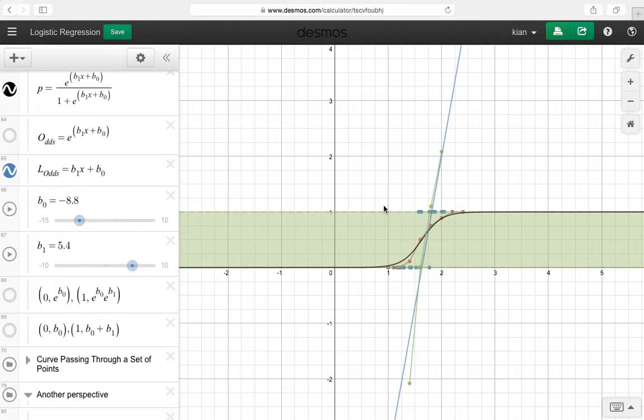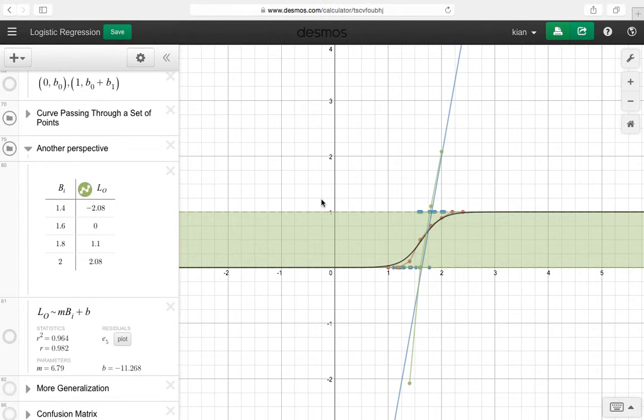So what we were doing was focusing on this black curve, but at the same time, without knowing it, we were trying to approximate the log of odds with this blue line. Why is this even important?